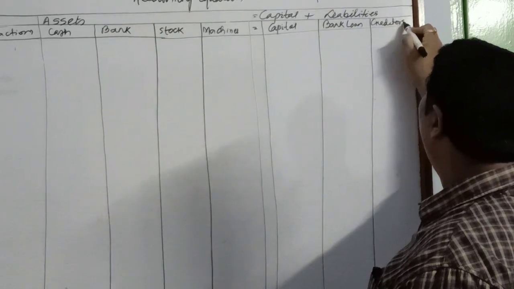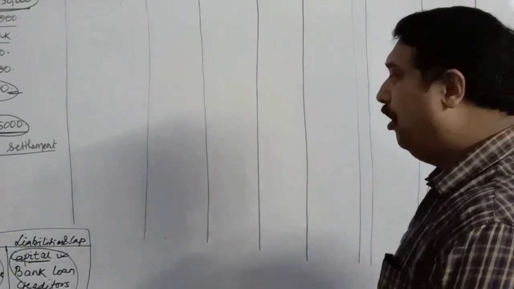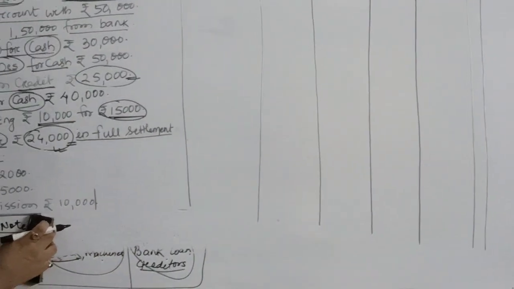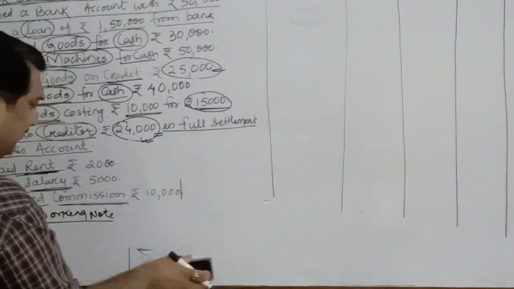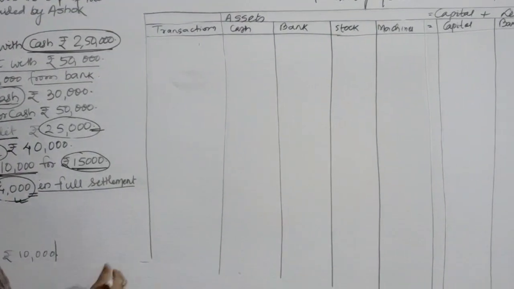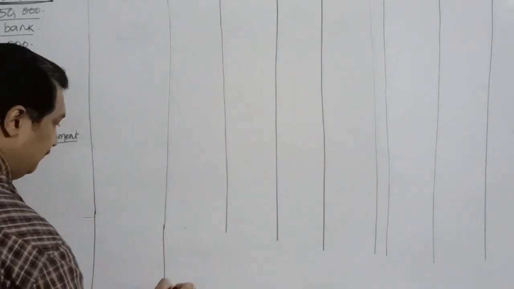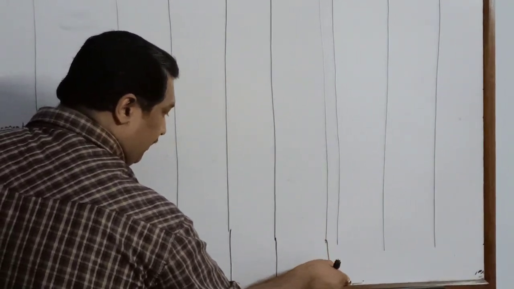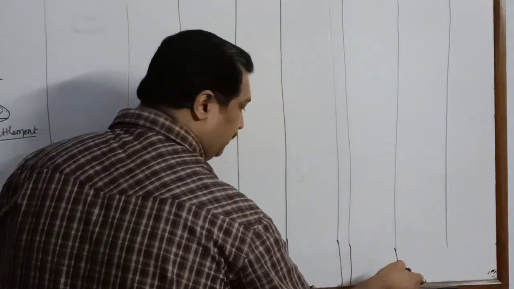So this is how we make the format of accounting equation. Now there is no need of this, so I'm just rubbing it off. This was needed only to know how many columns do we need to draw. Now I'm just extending these lines so that we'll be able to record all the transactions.